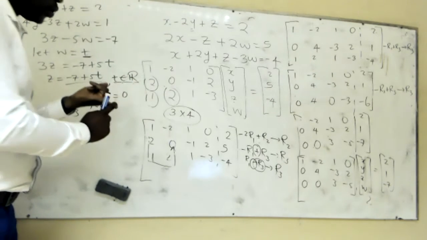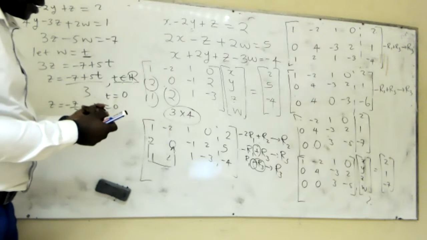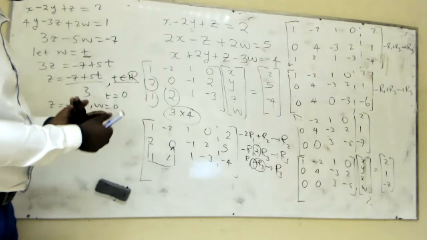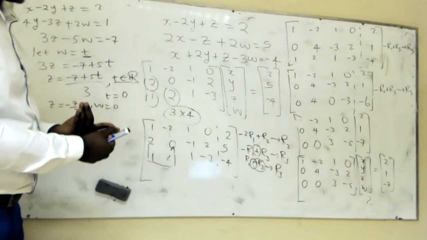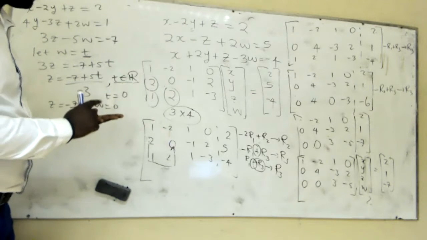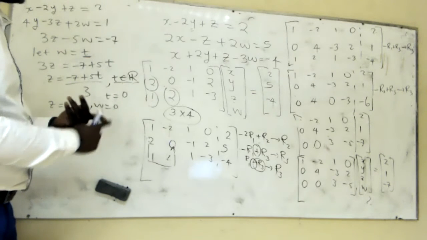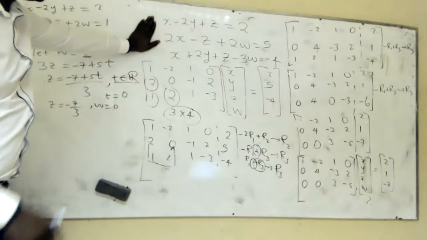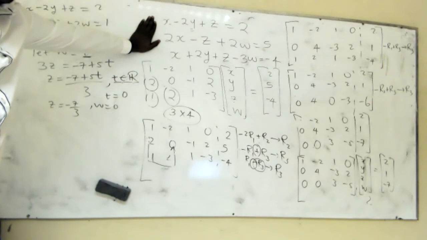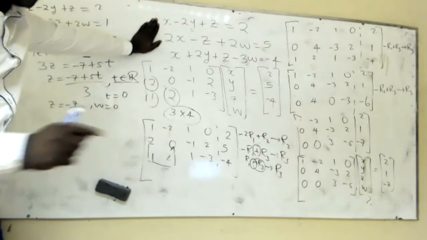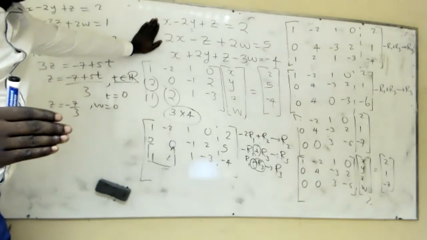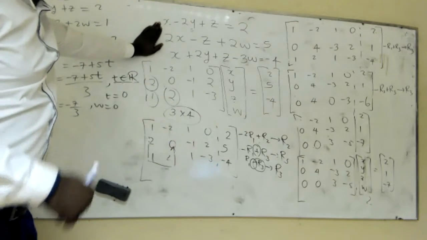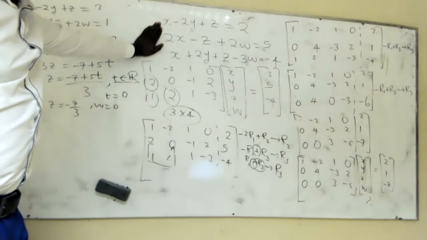You are not going to get a particular value for X, for Y, for Z, and for W. You can try to use a simultaneous equation here. It's not going to give you a specific answer or a specific value. So you are not having a unique solution in that equation.